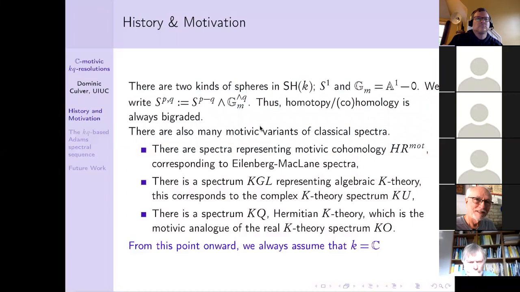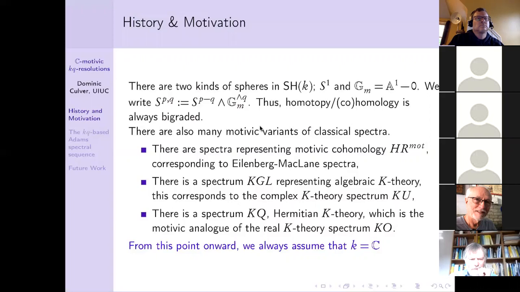Okay, the other thing to mention here is that there are a lot of motivic analogs of classical spectra. So you have an Eilenberg-MacLane spectrum, which represents motivic cohomology. You have a spectrum called KGL, which represents algebraic K-theory, and that corresponds to complex K-theory.